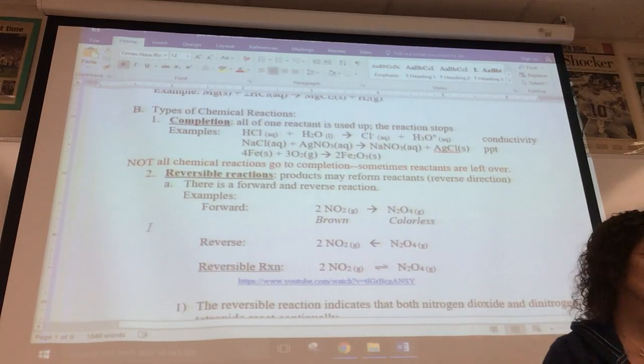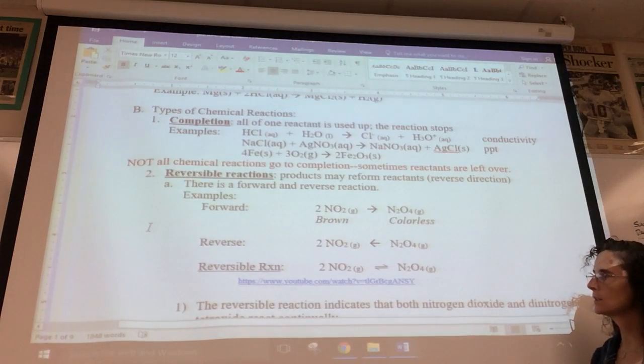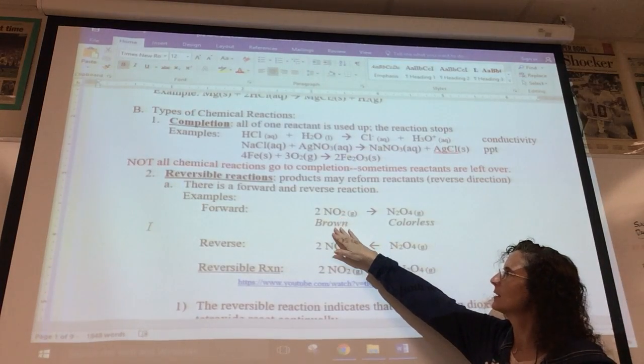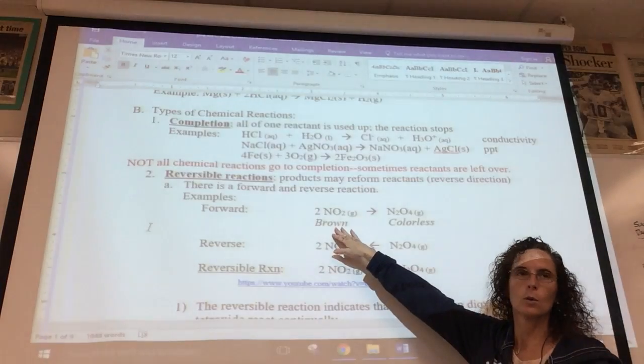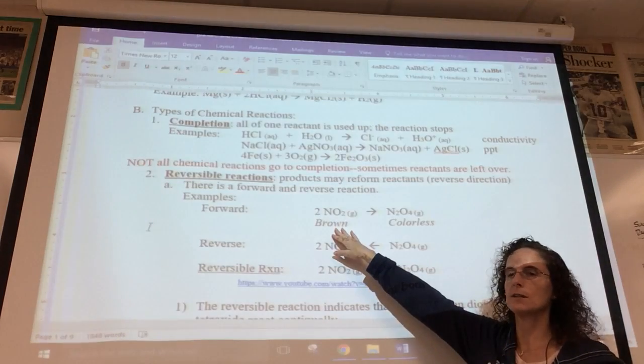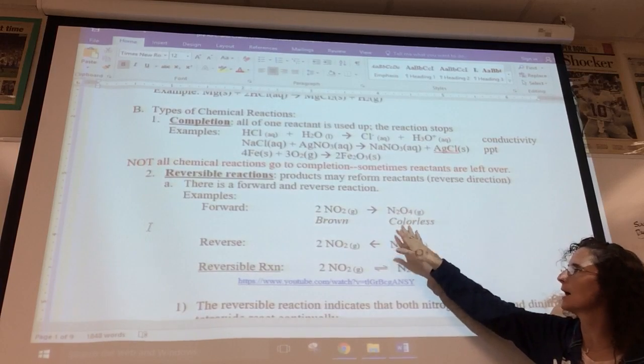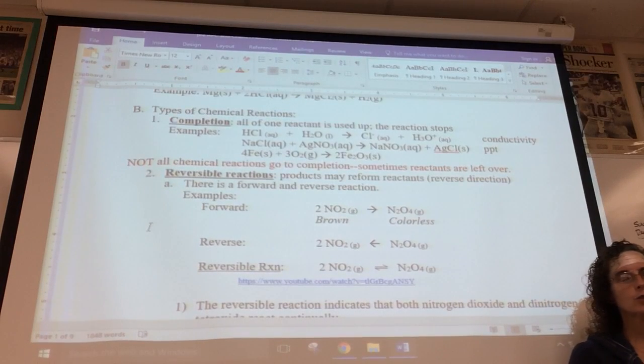Now, rather than writing the reaction multiple times, we simplify it. For example, nitrogen dioxide is a brown gas. When nitrogen dioxide reacts with itself, it forms dinitrogen tetroxide, which is colorless. And you know which gas is being generated based on color.